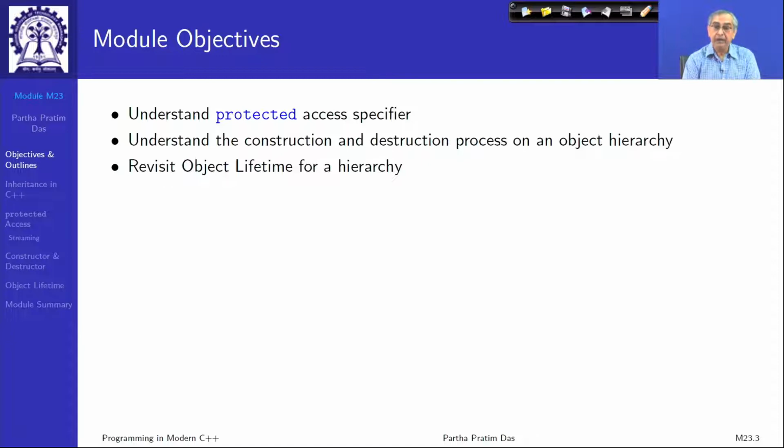So, we will have to restore it by providing a new access specifier, and then we will understand the construction and destruction process on a hierarchy and revisit the object lifetime concepts we had discussed earlier.